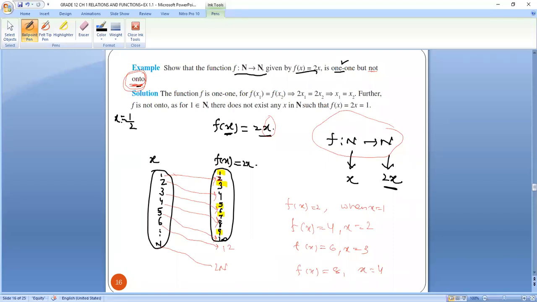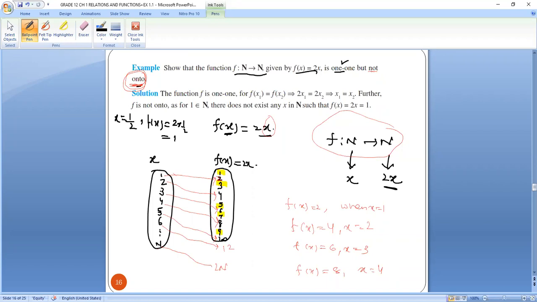If x is 1 by 2, then f of x is 2 into 1 by 2, which is 1. That means for f of x equal to 1, x should be 1 by 2. 1 by 2 does not belong to n natural numbers. Therefore, 1 by 2 does not belong to x. Therefore, f of x with value 1 will not have a pre-image.